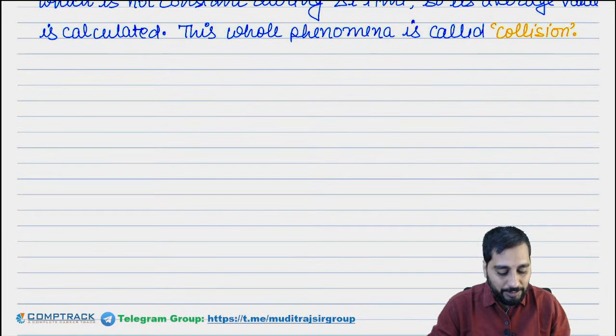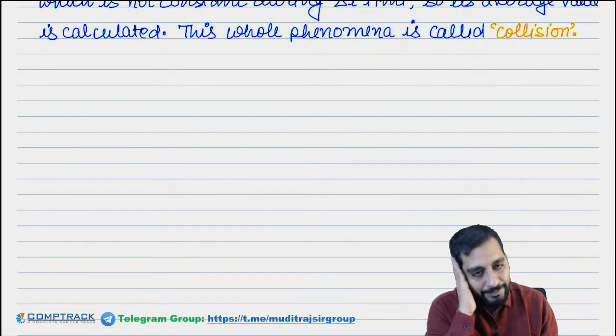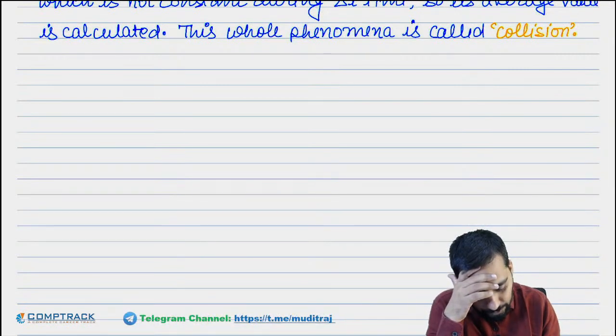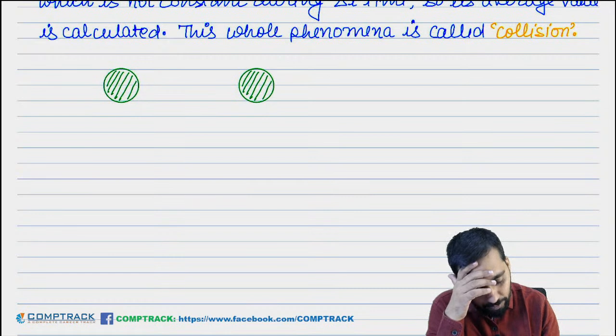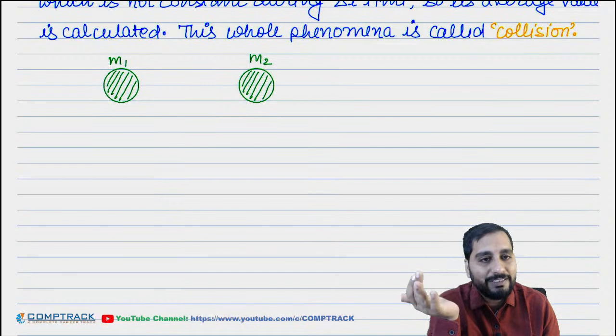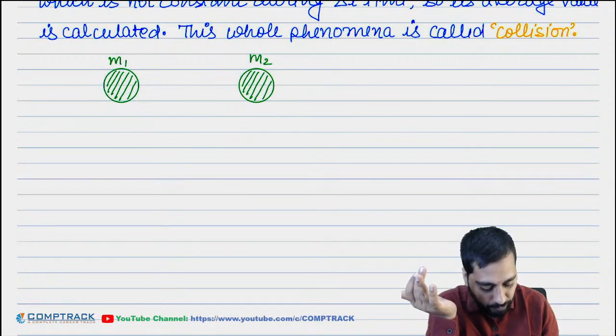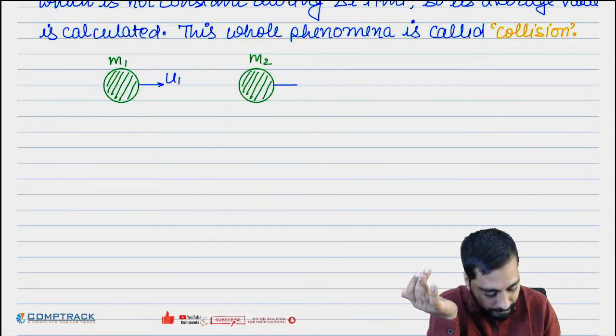Okay, so what is the full story here? Let's say this is the first body. Initially it is moving with some initial velocity u1, and another body is initially moving with another velocity, u2.